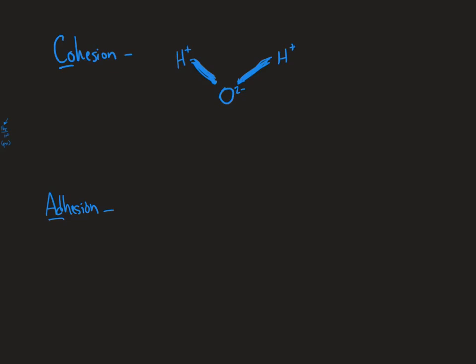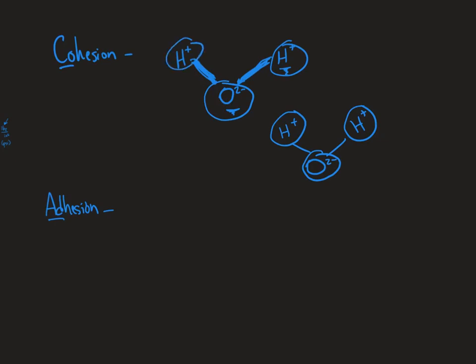However, the electrons that are being shared spend a little bit more time over here by the oxygen, and a little bit less time over here by the hydrogen. So if there's another molecule floating around, an O and an H and an H, then this is a polar molecule because it's got positive sides and a negative side. The positive side of one molecule ends up attracting the negative side of another molecule.